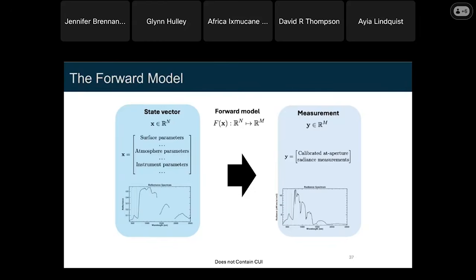Basically, it's a set of differential equations that you solve to understand how photons would traverse through an atmosphere populated with gases and particles and so forth, and then back to the sensor. So this is pretty straightforward, or at least we understand how to do it. But note that there are more state vector elements than there are measurements. So there are more unknowns here than the measurements that we're making, than the channels of the spectrometer.